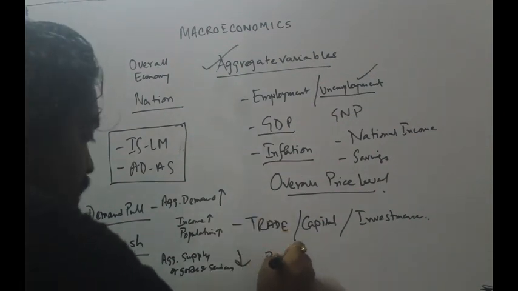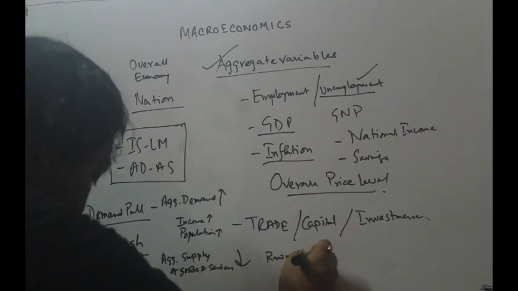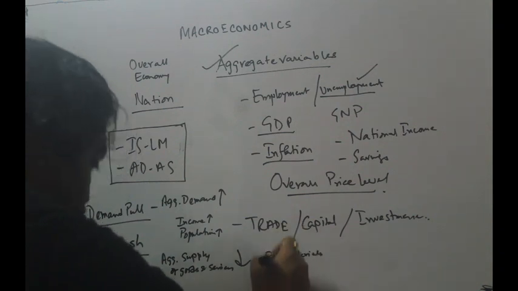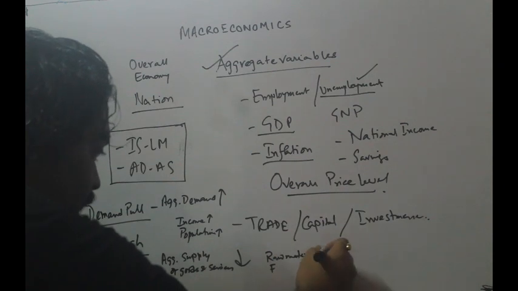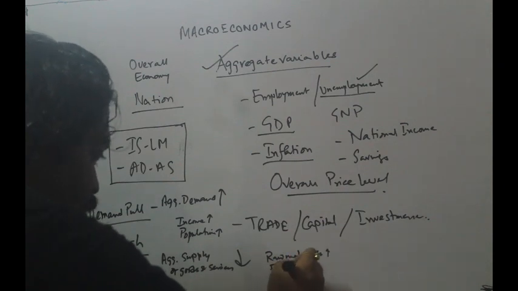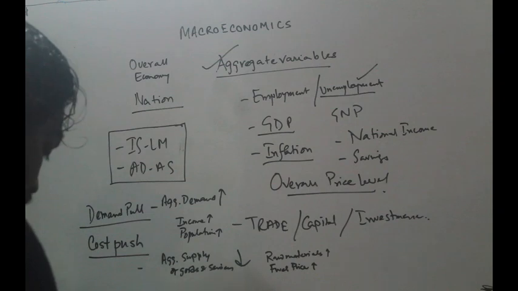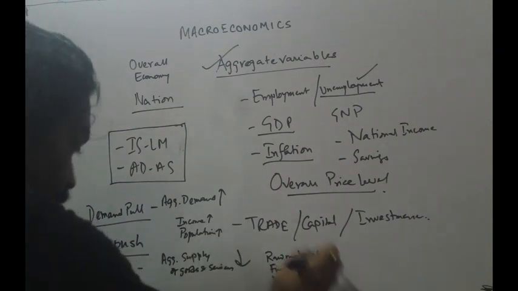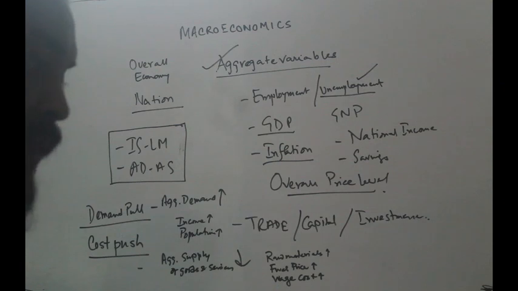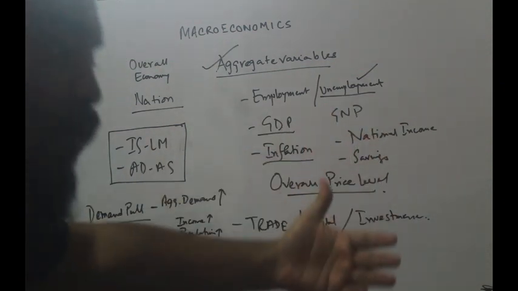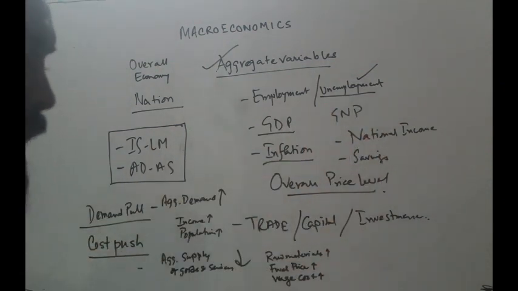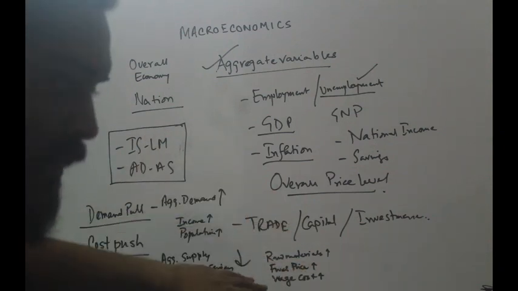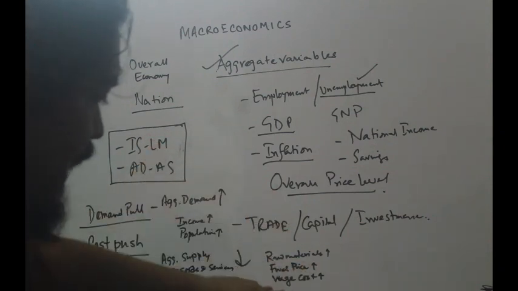So, if the raw materials you need for production are getting affected, the price is increasing. Suppose fuel price, it is rising. Wage cost, your labor, it is increasing. So your wage cost, you have to pay more to the employee, to the workforce, to the labor you have in your market, in your firm. So the wage is increasing.